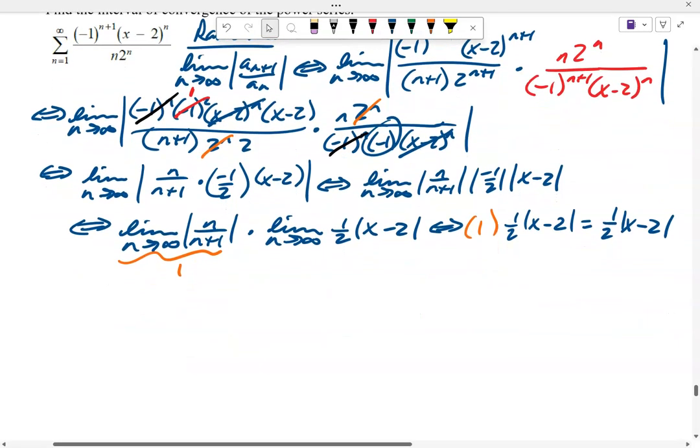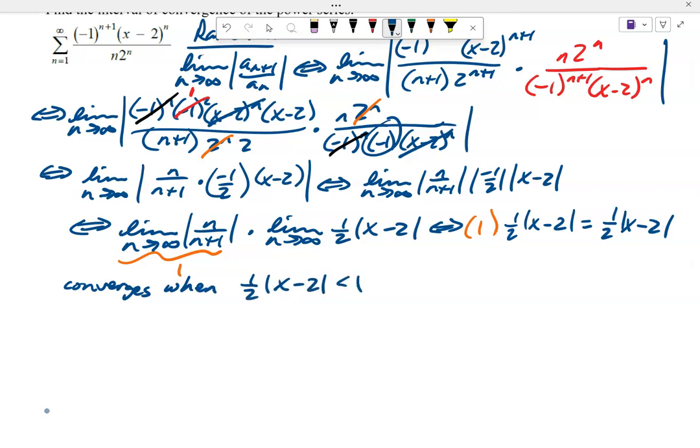So as long as that's less than 1, it converges by the ratio test when this is less than 1. So the radius of convergence is 2.